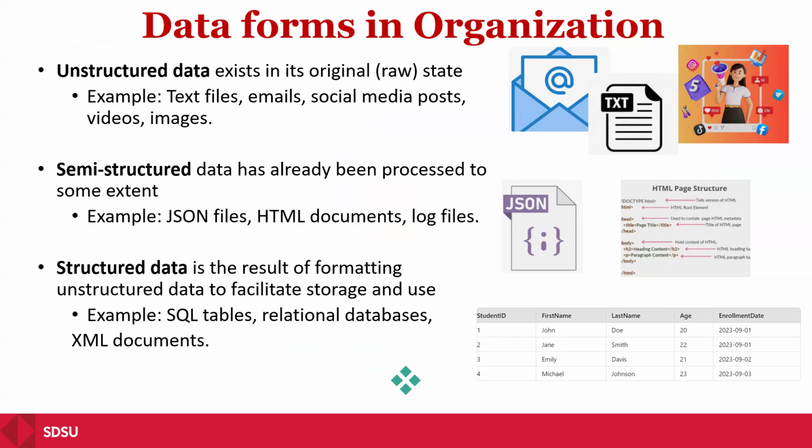Data can be unstructured, that is data that exists in its original format. For example, text files, emails, social media posts, voice, images, videos. You can see all of those in the top three images.